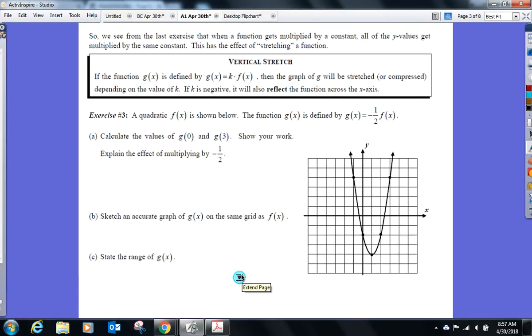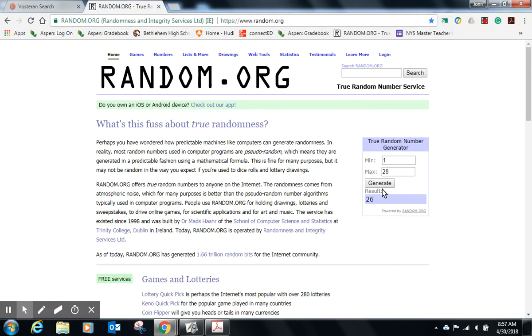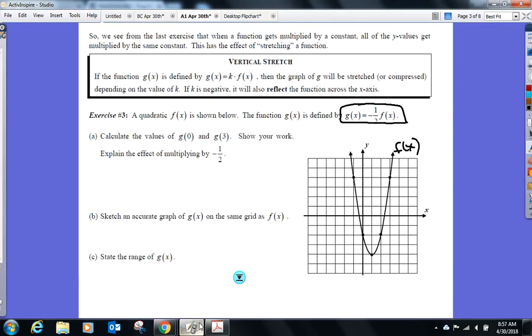All right, so the quadratic, so this is f of x right here. Make sure we all are on the understanding that's f of x. Here's g of x. Multiply all the y values by what now? What am I about to multiply all the y values by?